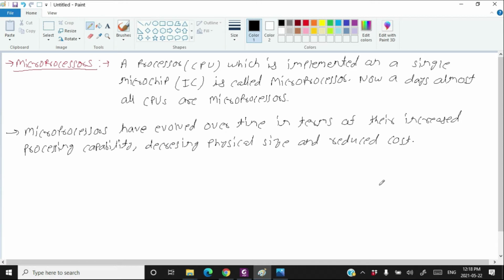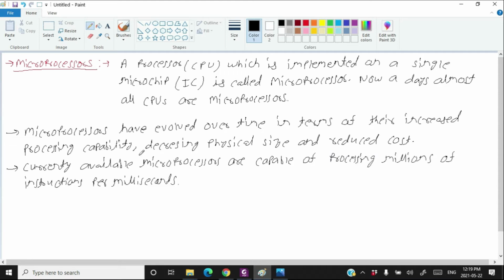Day by day, microprocessors are getting smaller in size but increasing their processing capabilities. Nowadays, available microprocessors are capable of processing millions of instructions per millisecond, and according to their increased processing capability, decreased physical size, and reduced cost, microprocessors have gone through multiple generations.